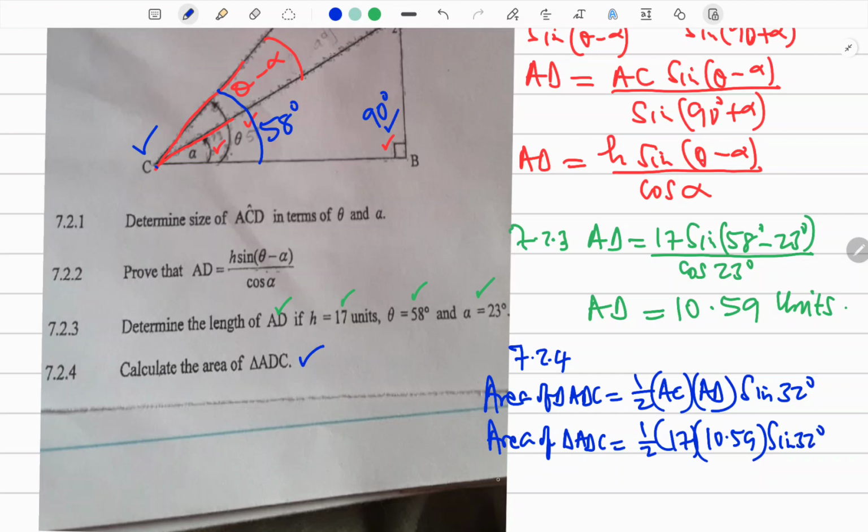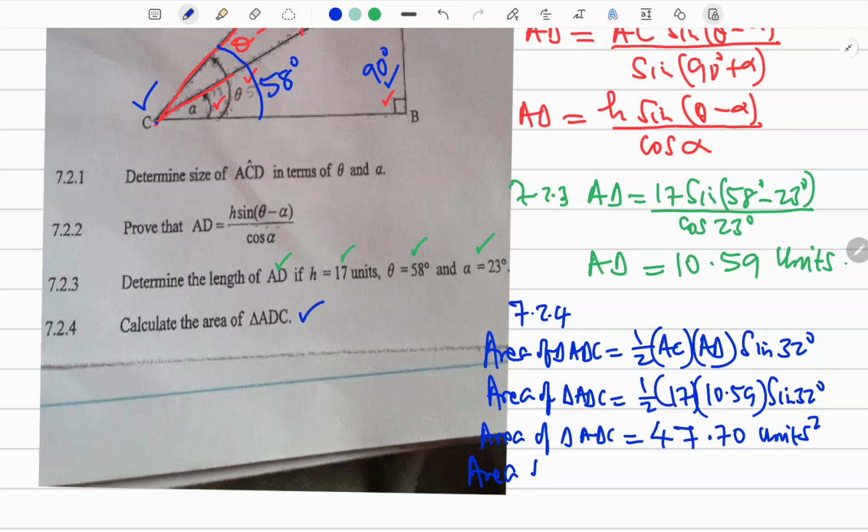So the area of triangle ADC, in square units, is 0.5 times 17 times 10.59 times the sine of 32, which is 47.70 square units. So the area of triangle ADC is 47.70 square units.